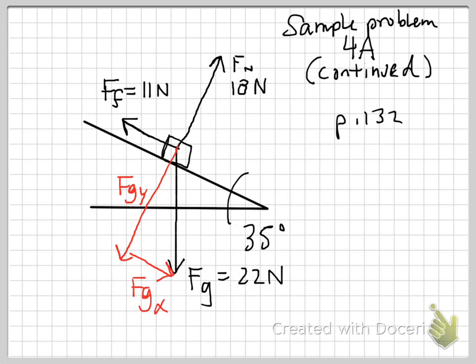Now this is where we had to get to figuring out this angle. And we did it in class, but I'll just really quickly go through the mini geometric proof one more time.